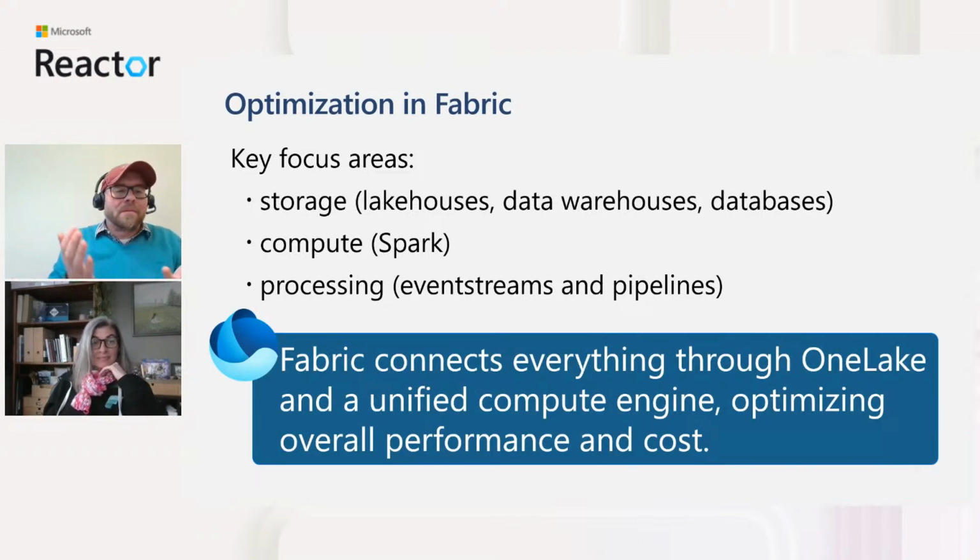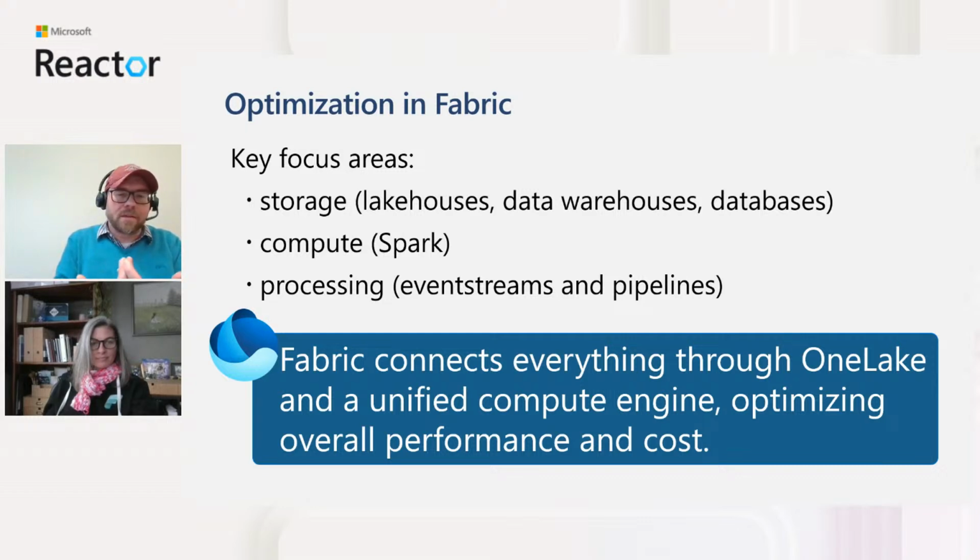So, when we're thinking about the areas we have, what we have is storage, like the storage which is used for lakehouses, data warehouses, storage which is used for databases, like the SQL databases within Fabric or even the KQL databases. And the other thing is we have compute.